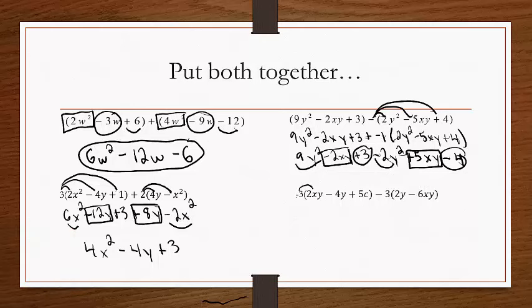So negative 3 times 2 is negative 6xy. Negative 3 times a negative 4 is a positive 12y. And negative 3 times positive 5 is negative 15c.